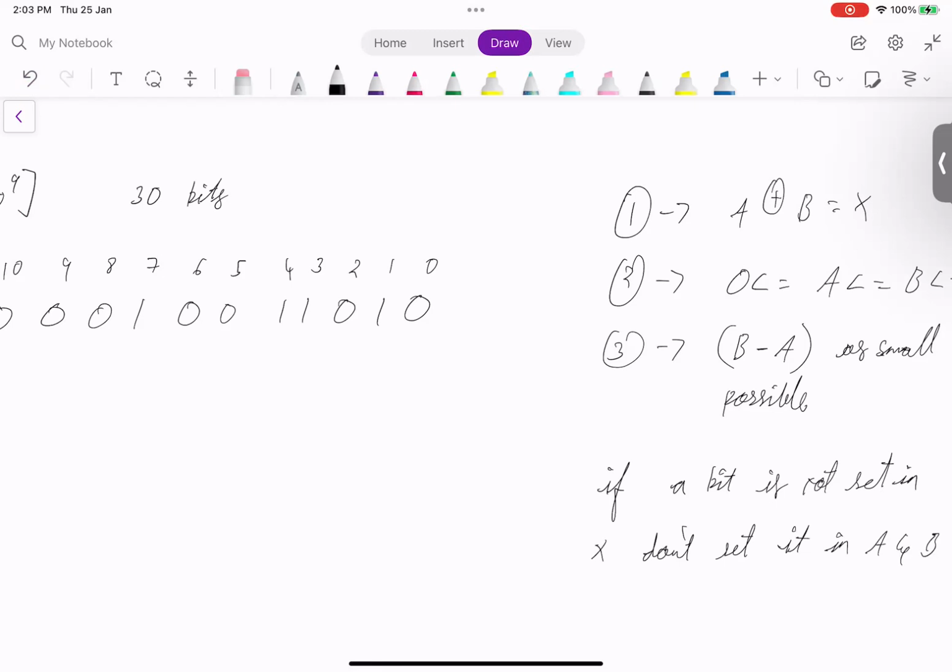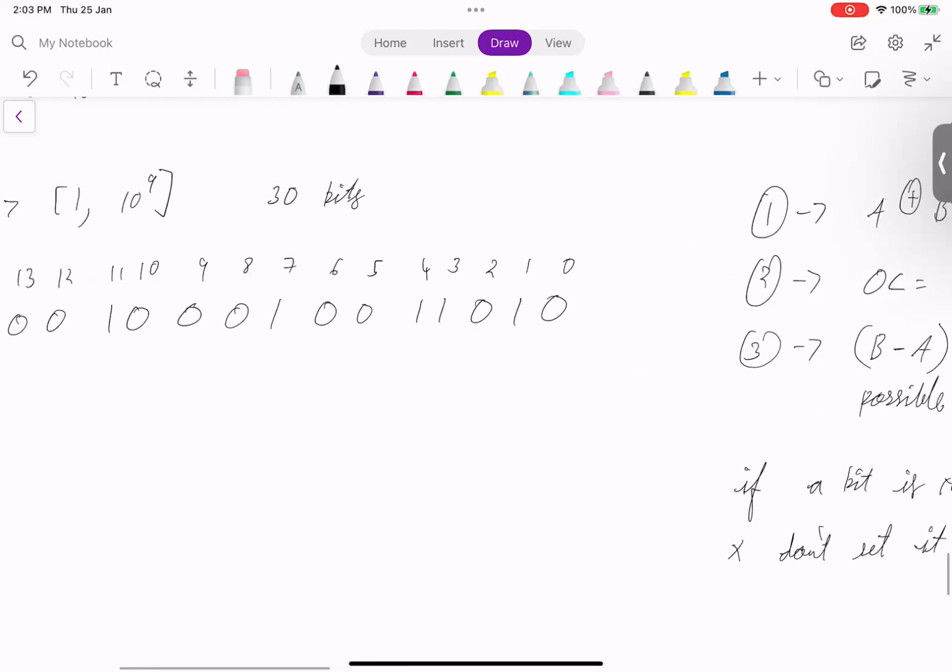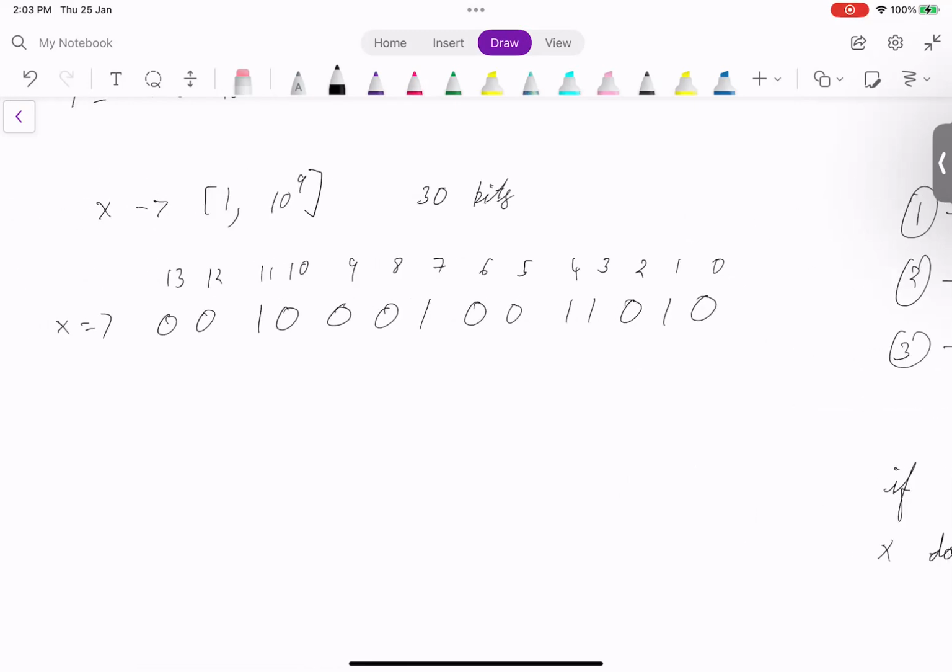This way, let's find out a possible a and b.